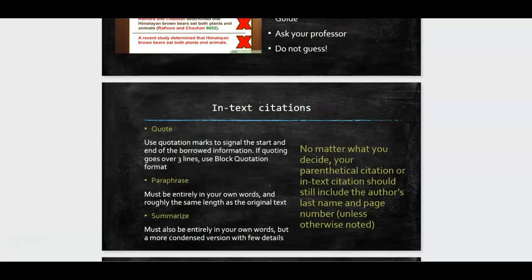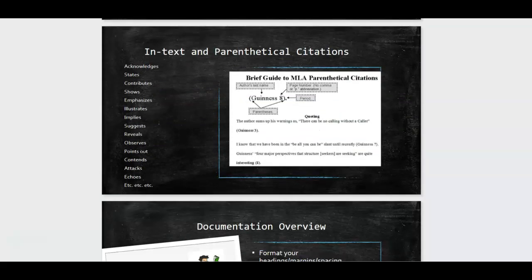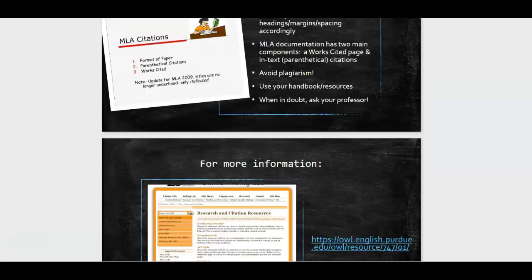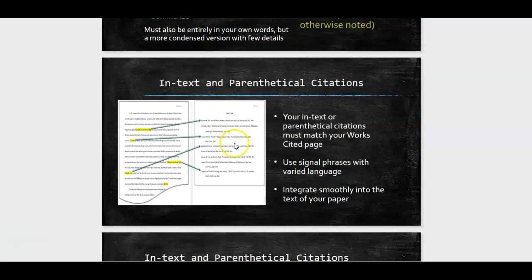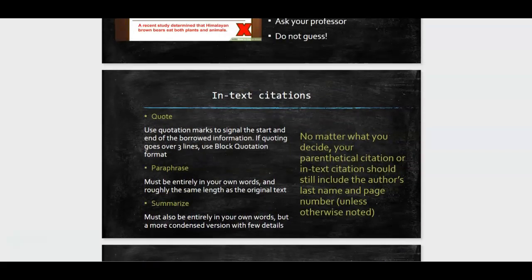Remember, if you're quoting within the body of your essay, you need to cite author's last name, page number, right? And then at the end of your essay, you should have a works cited page, right? Which is like right here. So all this stuff, it's there to help you guys.